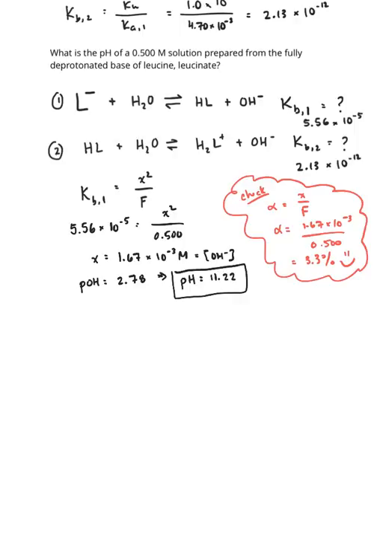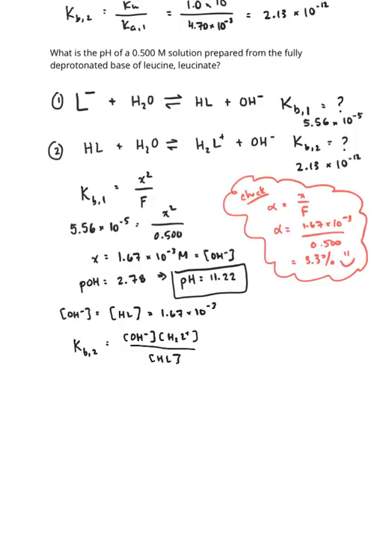Again, if we use the approximation that hydroxide ion from our first reaction is approximately equal to the concentration of zwitterion, HL, in our solution, and this is 1.67 times 10 to the minus 3, it suggests that H2L plus, the fully protonated version, would have a concentration given by Kb2, where we have hydroxide ion times H2L plus over concentration of HL.